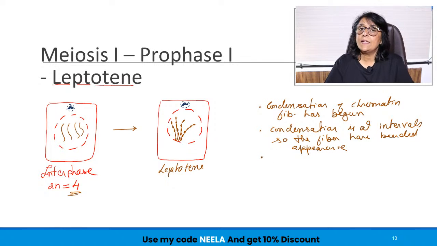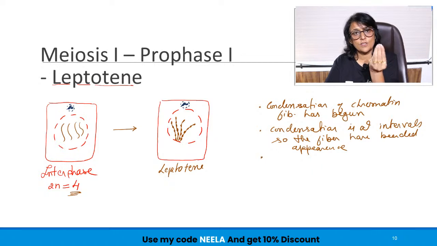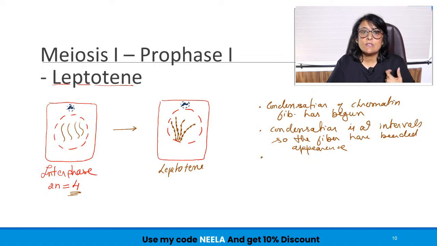If you remember, I told you one more thing about this stage in our previous lecture, that all these fibers are attached to a small part of the nuclear membrane by their one end, and the other end is free. So if one end is attached, that means all the fibers are concentrated at one point, and the upper ends are free. So it gives an appearance of a bouquet.